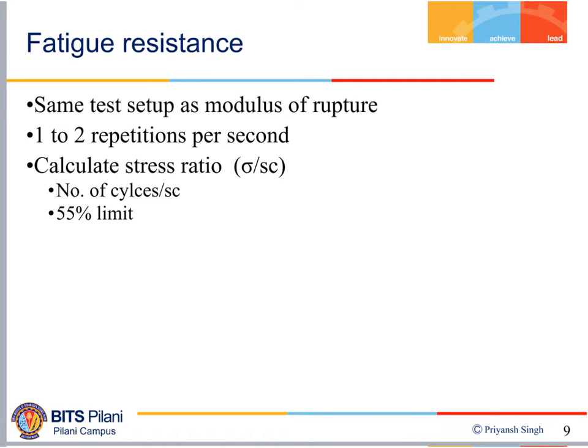Here a number of repetitions of load is applied on the samples, and on each cycle the reduction in the MOR is noted. When the MOR reduces to 55% of the limit, the number of cycles is noted. The number of cycles corresponding to the 55% limit represents the fatigue resistance of your concrete.